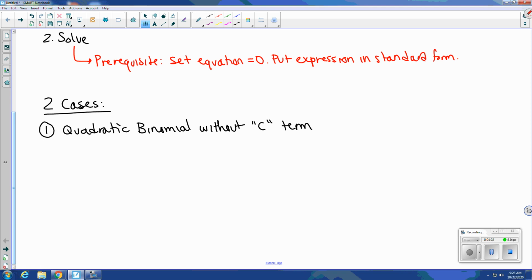So what does that look like? When you see the term binomial, that means there are two terms in the expression. You'll notice a standard form equation had 3 terms. So what does it mean to not have the C term? That constant at the end will not be there. So it'll look something like ax squared plus bx.